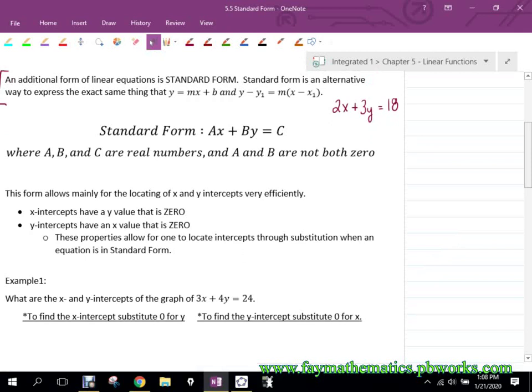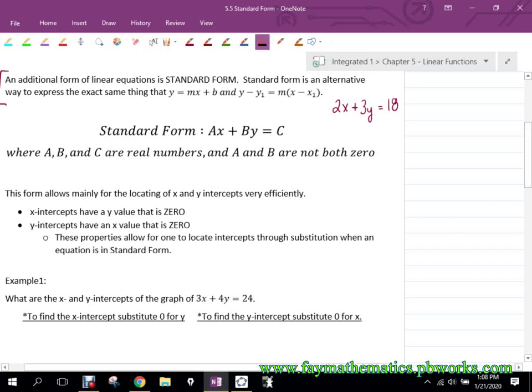It says this form allows mainly for the locating of x and y intercepts very efficiently. Okay? It says x-intercepts have a y value that is 0. Every x-intercept, no matter where it's at on the x-axis, the y value that goes with that ordered pair is 0. Same thing happens for y-intercepts, but now for a y-intercept, every x value is 0.